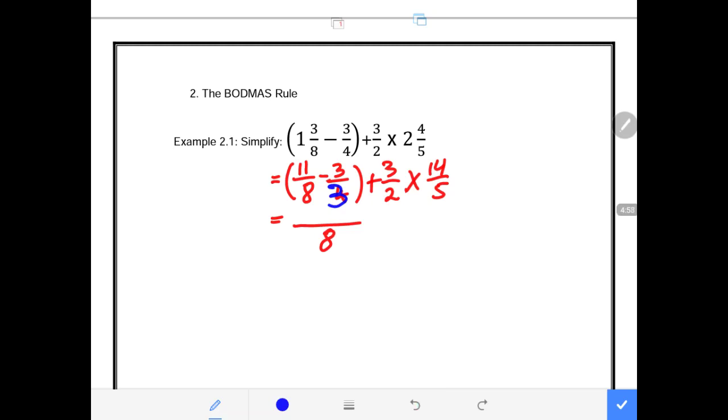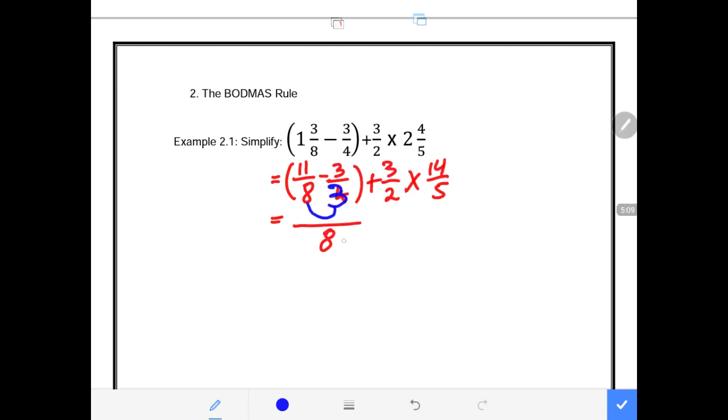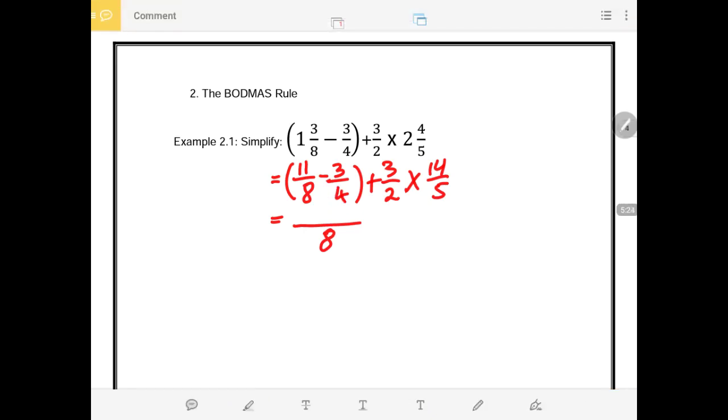In that case, what do you do? You say 3 times 8, which is 24. Therefore 24 will be our lowest common denominator, because if you multiply 3 by 8, 8 will fit into 24, and 3 will also fit into 24. So please be mindful of that. Also very important to note.